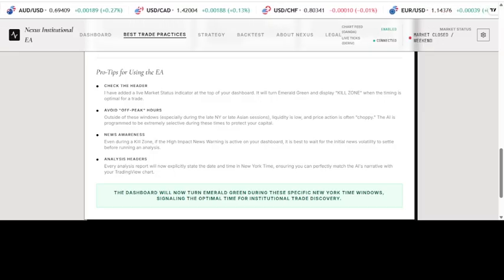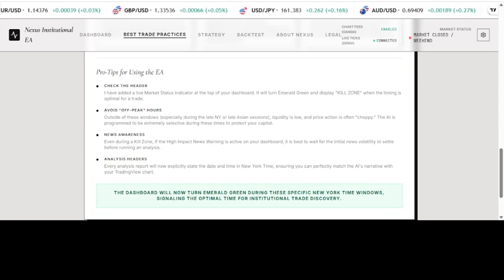Basically, you check the header at the top here, and it'll display an emerald green color, which tells you it's a go. We have the kill zone and the timing is optimal for a trade. You want to avoid the off-peak hours. So when that emerald green light is not there, you want to avoid taking trades.